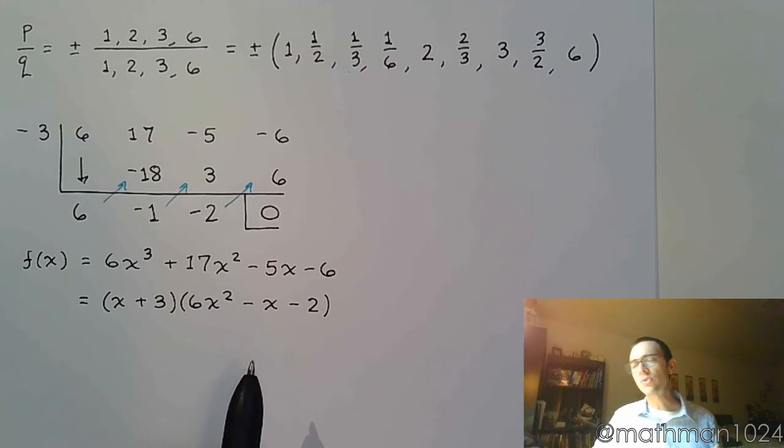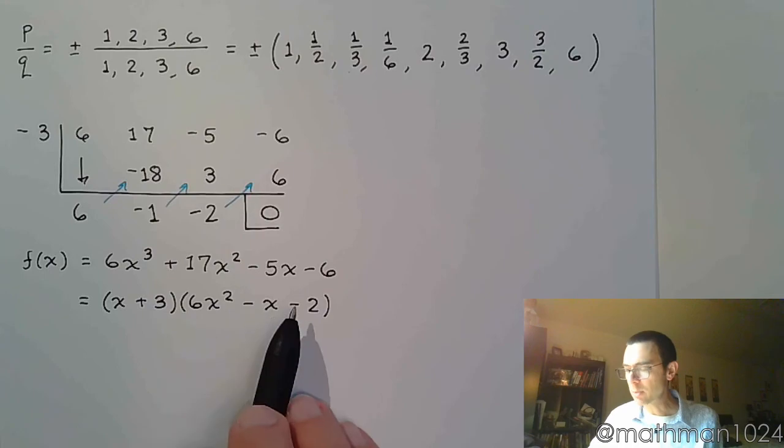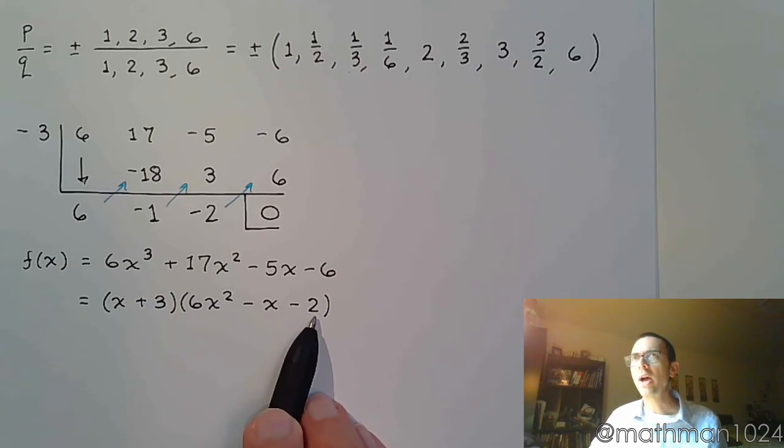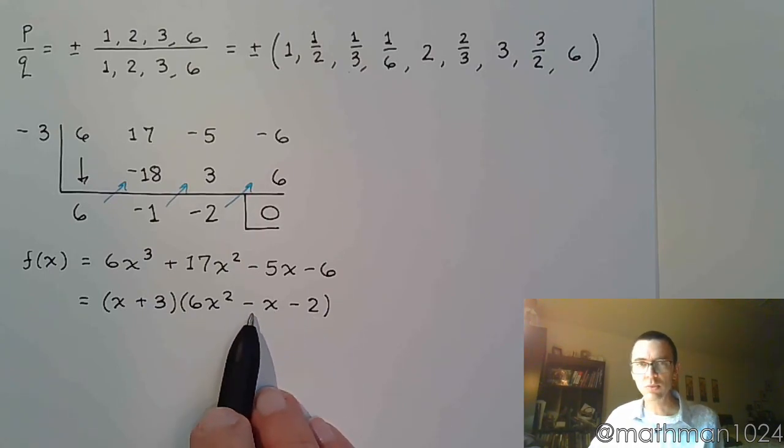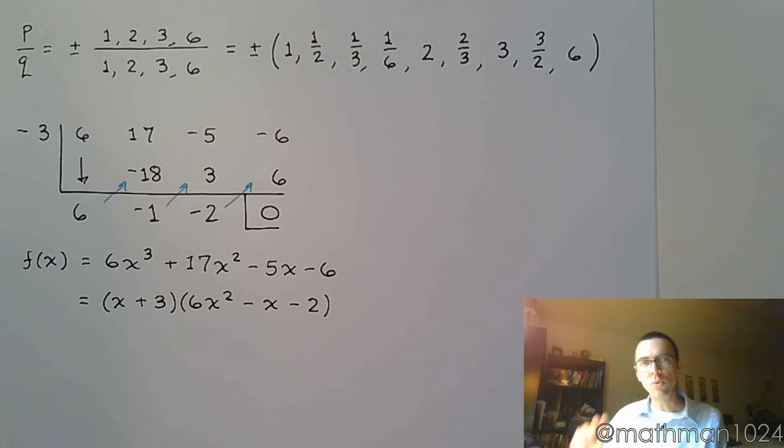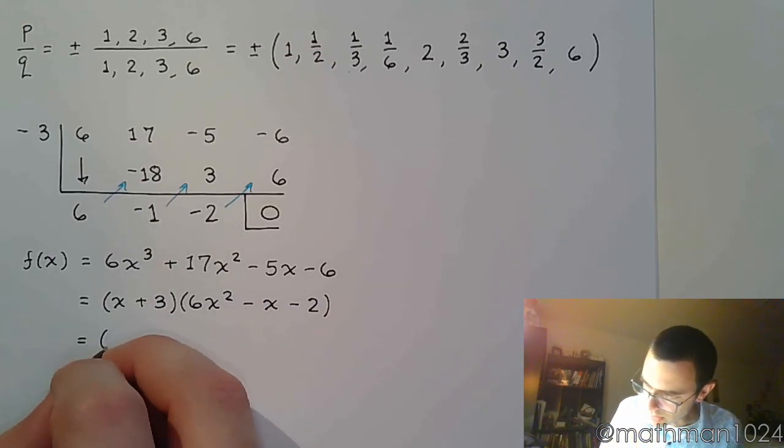Since the instructions say to write as a product of linear factors, it's kind of understood that this polynomial should be able to factor all the way. A quick check of this: 6 times 2 is 12. Are there factors of 12 that subtract to 1? Well, we know the answer is yes. We can use 4 and 3. So if you want to, off to the side, take care of that factorization, please do so.